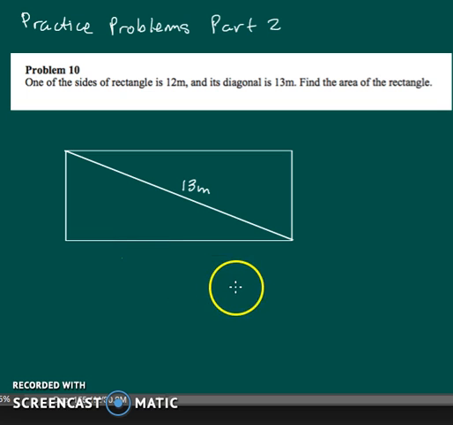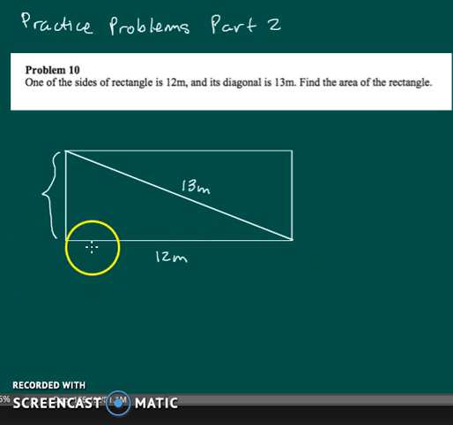Now, because I know that the diagonal is 13 meters, I am going to label the longer side 12 meters because I think those two sides look much closer together in length than the short side and 13 meters. I'm thinking that this side here, which I don't know yet, is going to be quite a bit less than 13 meters.